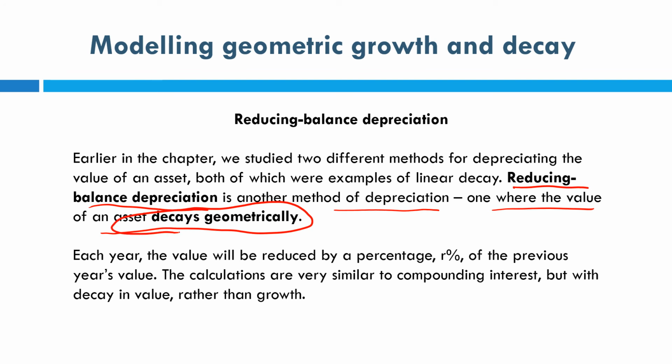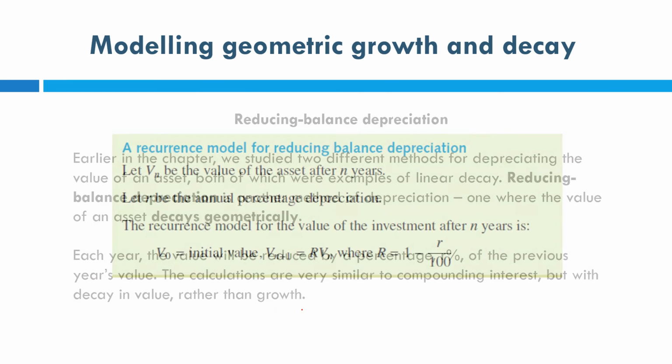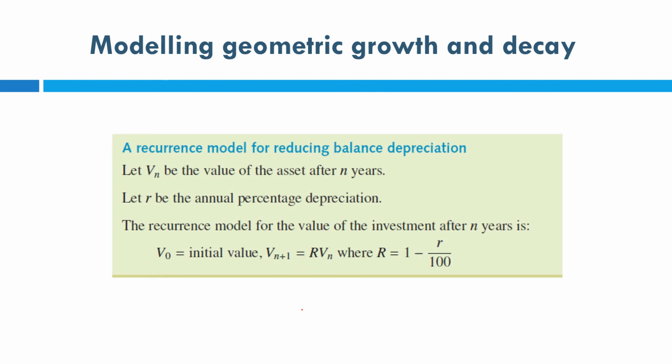So don't forget, it's non-linear now. Each year the value will be reduced by a percentage, whatever it is, of the previous year's value. The calculations are very similar to compound interest, but with decay in value rather than growth. So it's not growing here, it's going down, because an investment was growing, now it's decaying, it's going down.